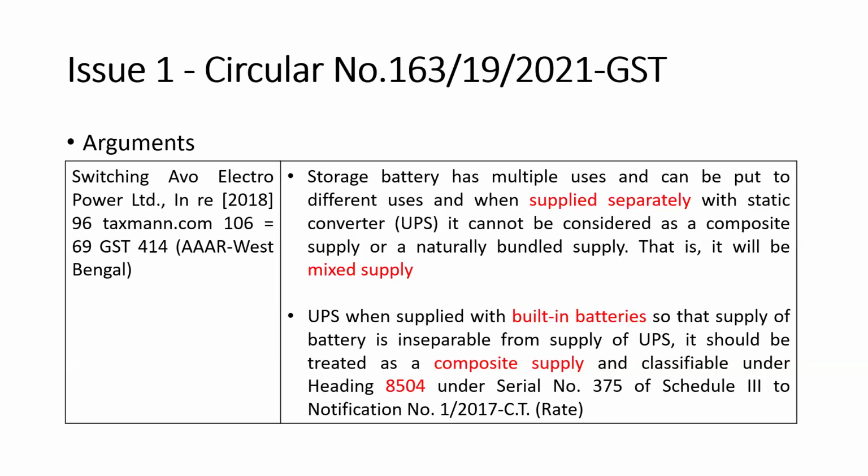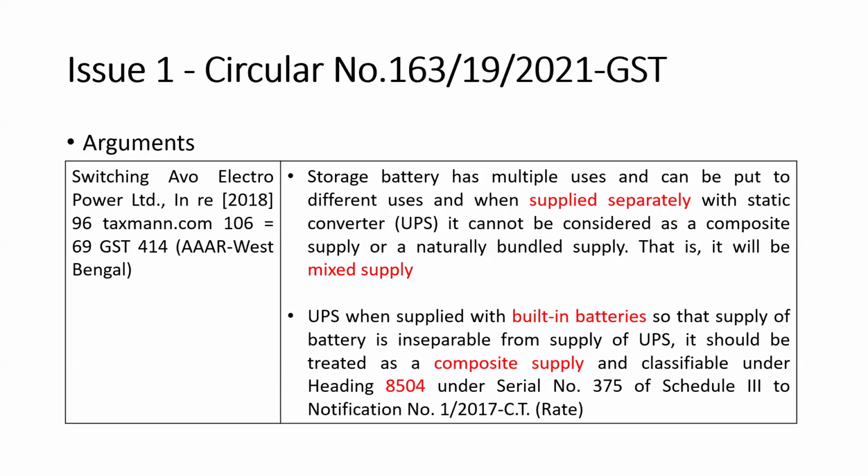Whereas this advance ruling brought out a further subtle distinction: when the battery is inbuilt into the UPS, the recipient is basically coming to purchase the inverter. Since it is an inbuilt battery, it will form a composite supply and cannot be sold separately. So if the battery is inbuilt into the inverter, it is a composite supply classified under 8504 in total, which is 18%.